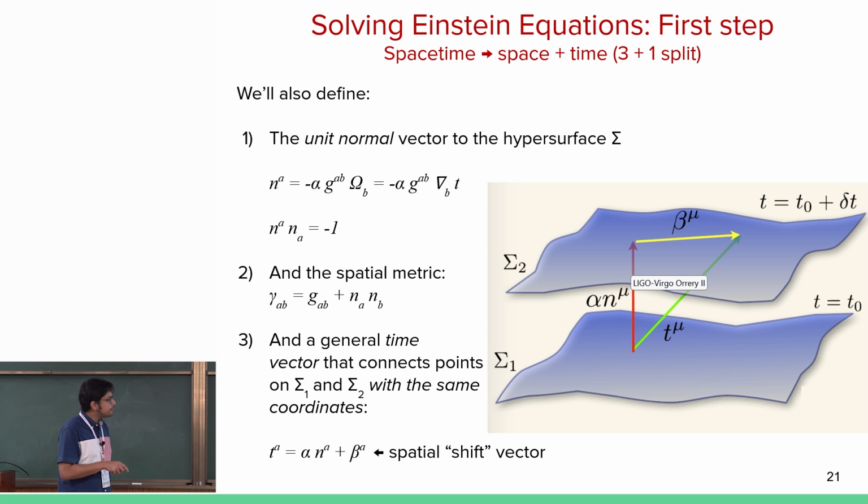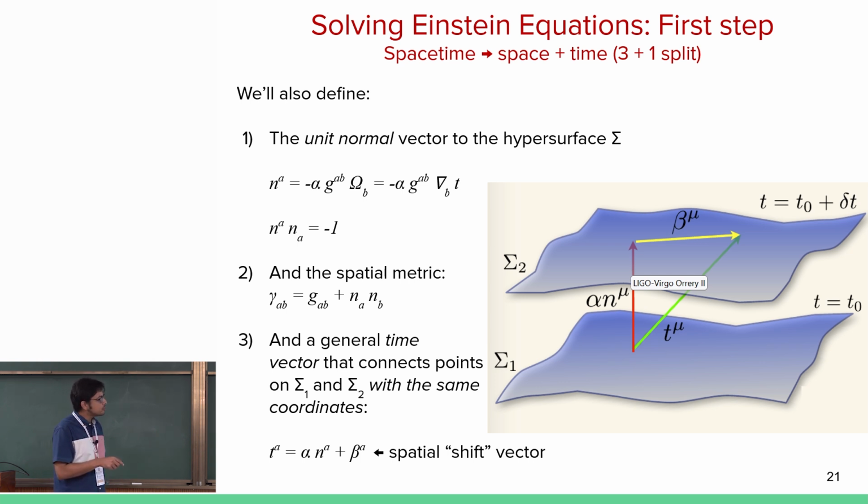So the flow of this observer's time, the tangent to that flow, is what we will define as the time vector here, right? And this time vector, when projected along the unit normal, will actually give us the lapse function. But this may also have a non-zero projection along the space-like hypersurfaces, and this gives us the shift vector.